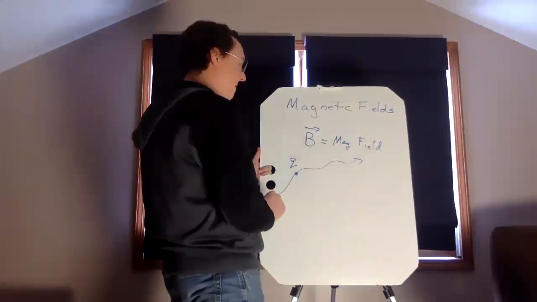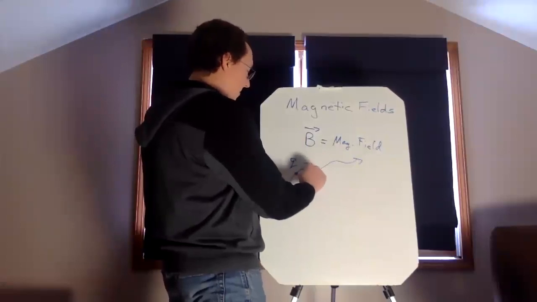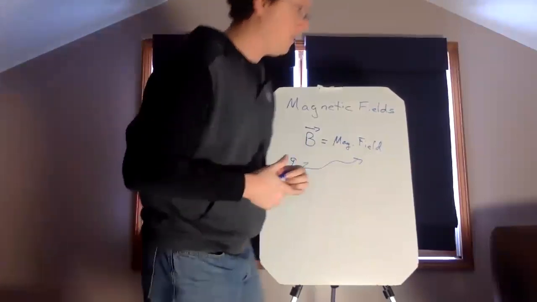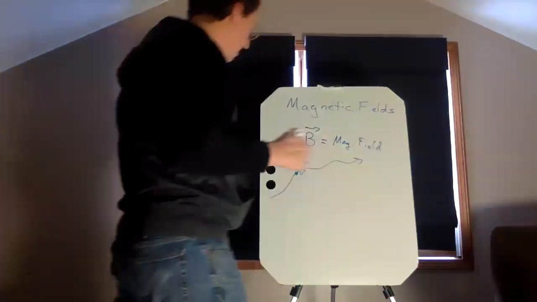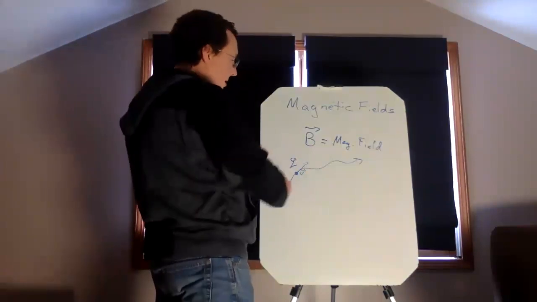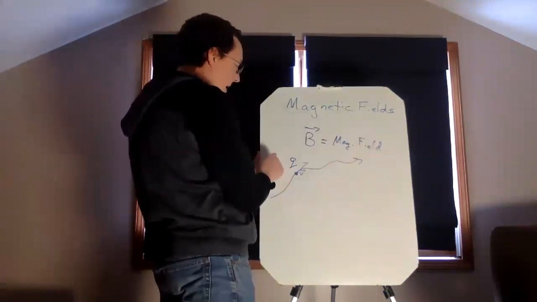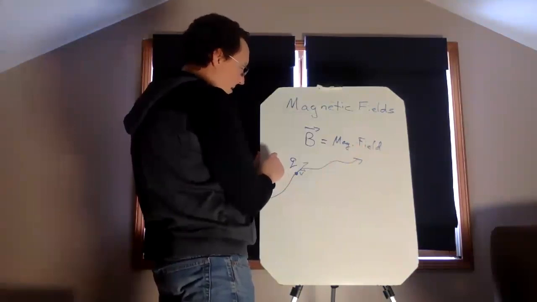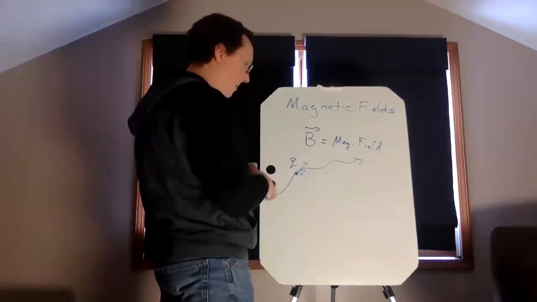At each point, it would have some velocity vector. We're imagining that this particle is moving, and there is some magnetic field, and it'll have magnetic field lines like an electric field would.